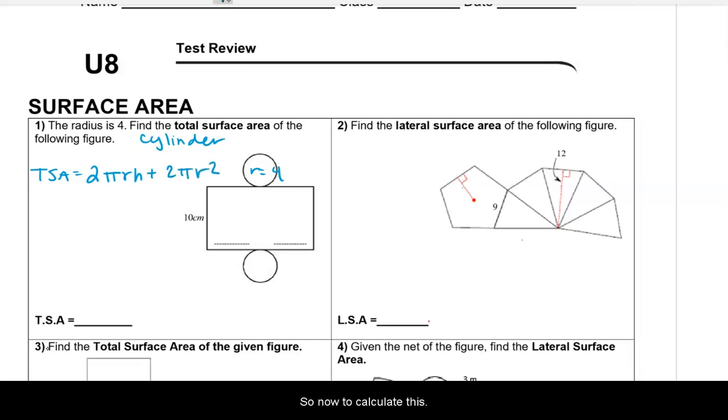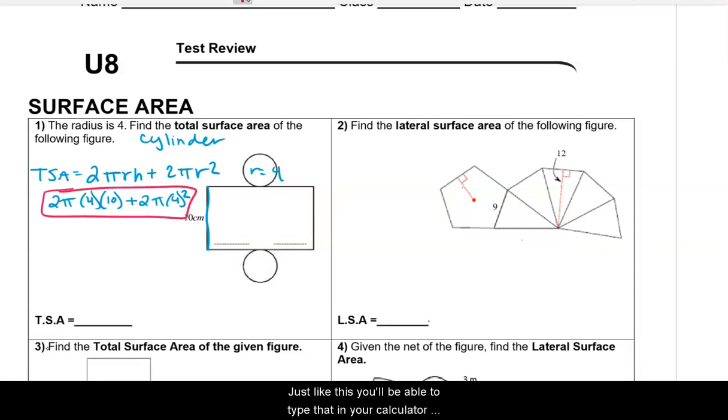Okay, so now to calculate this, we said our r was 4, so 2 pi times 4 times our height. Now the height of our cylinder is here, which is 10, plus 2 pi times 4 squared. Just to simplify this a bit, you don't have to do this because you will have a graphing calculator, so you'll be able to type that in all in one go and get your answer.